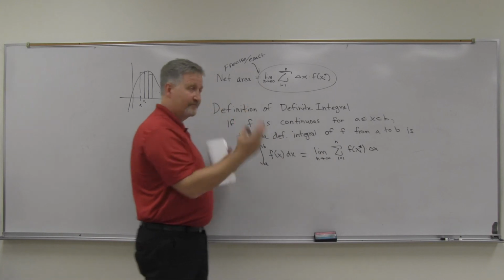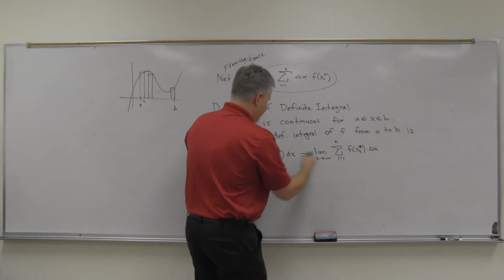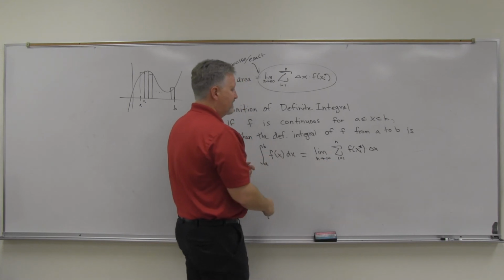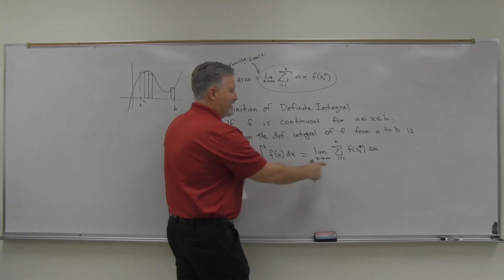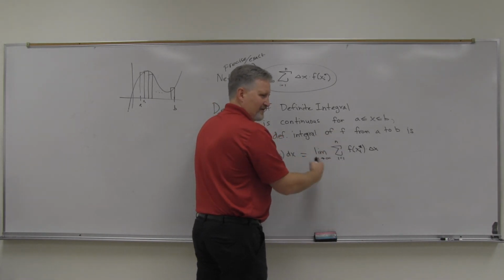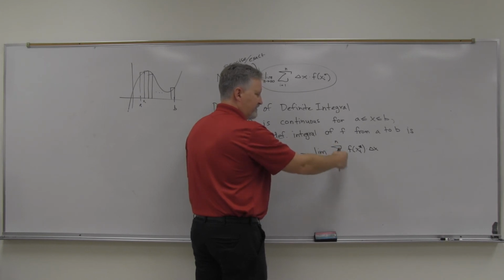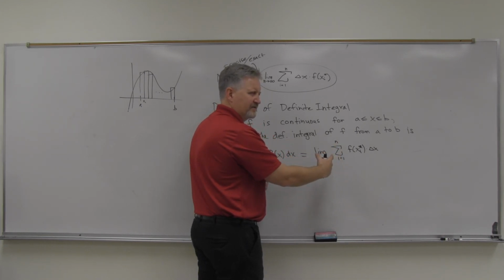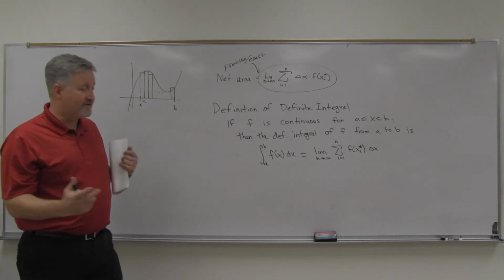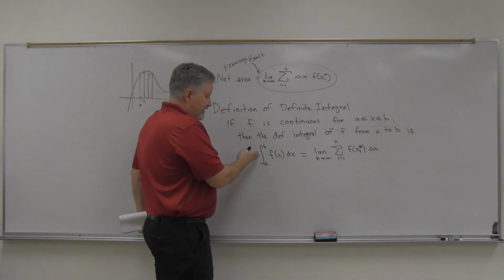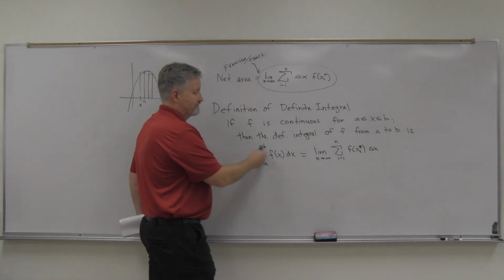There's more on what it means, which I'll talk about in a second. And then, of course, you've got your f of x on both sides. So more or less, the integral from a to b is this limit as n goes to infinity of this summation. You see what I'm saying? But that's the definition. So what really, definition-wise, is an integral?